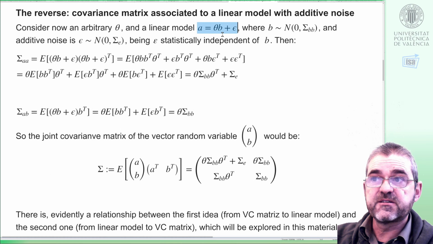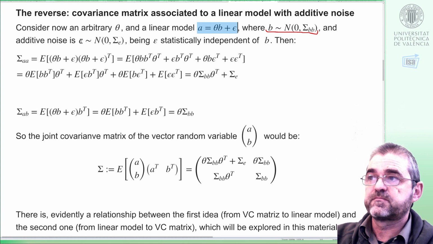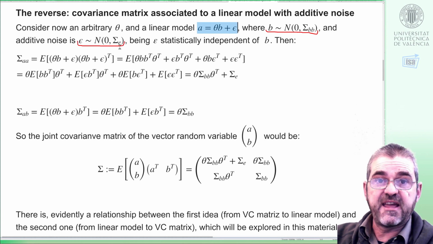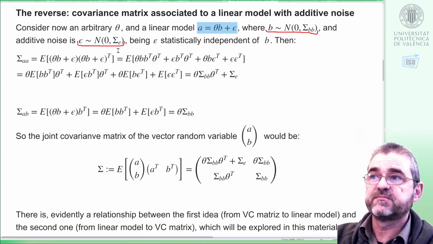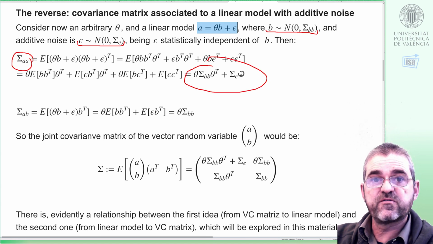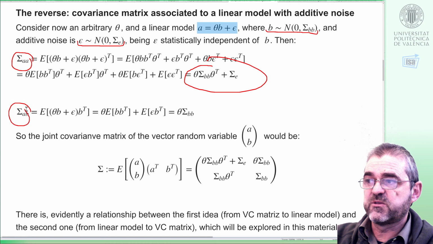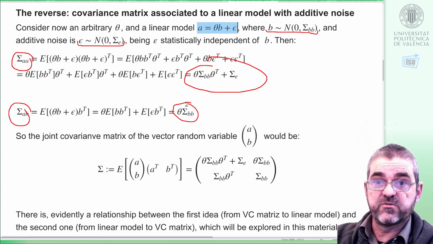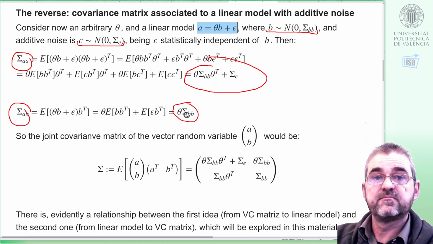If we do the reverse, if I have this model and I know the variance of the input B, and the variance of the additive noise epsilon, then the variance of A can be shown to have this formula, and the covariance between A and B can be shown to have this one.